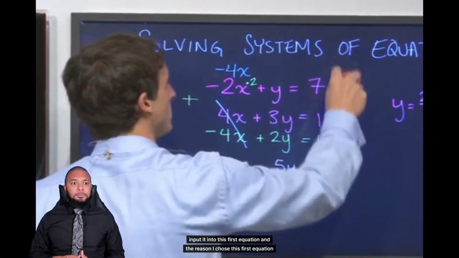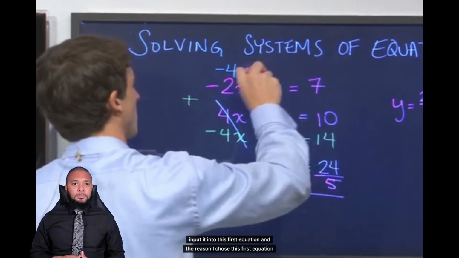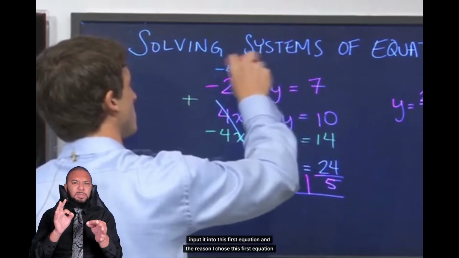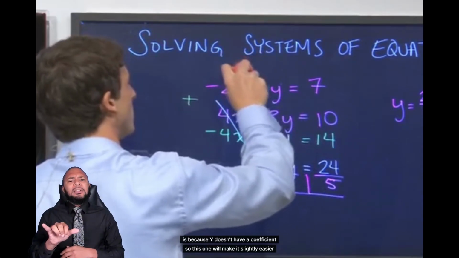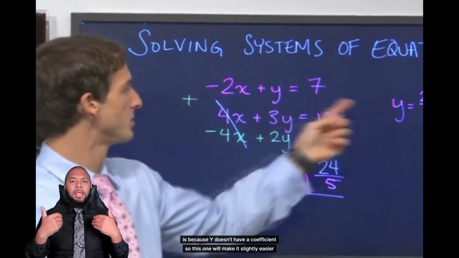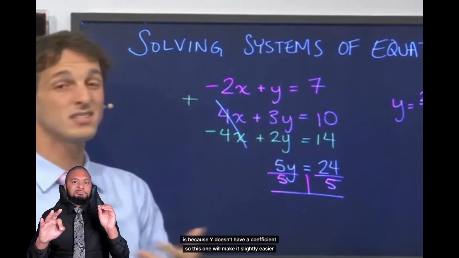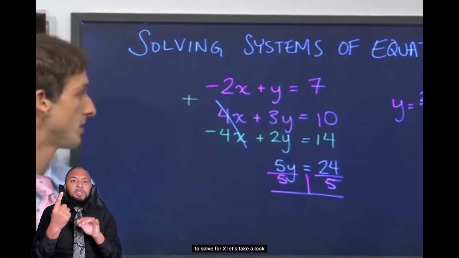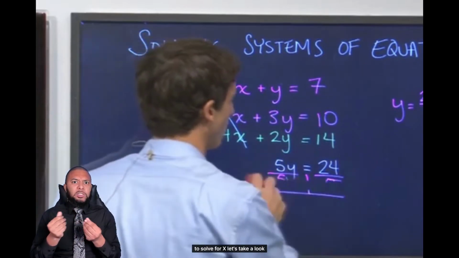Let's input it into this first equation. And the reason I chose this first equation is because y doesn't have a coefficient. So this one will make it slightly easier to solve for x. Let's take a look.